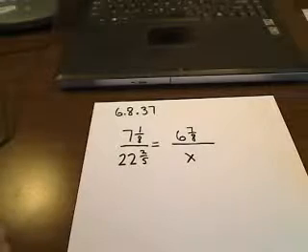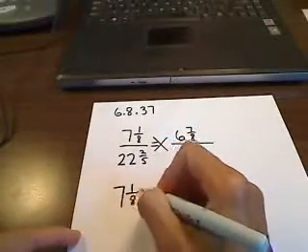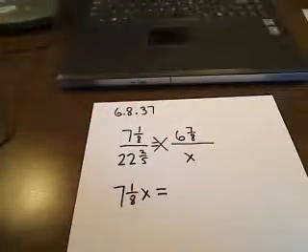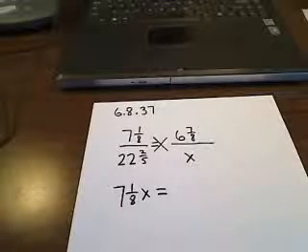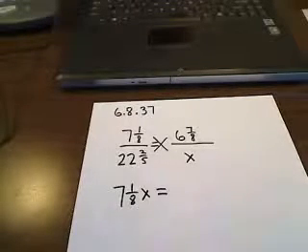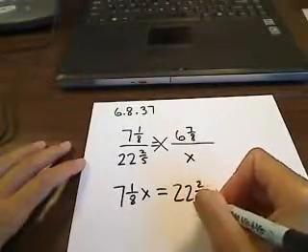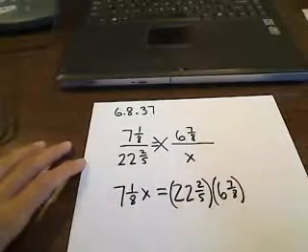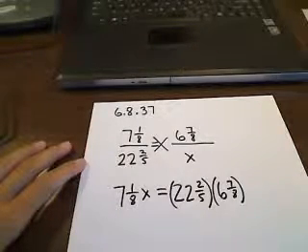So this question mark is our x. Basically we have one fraction equal to one fraction, so we can cross multiply. I'm going to take the 7 1/8 and multiply it by the x, and then take the 22 2/5 and multiply it by the 6 7/8. Because it's easier to work with, I'm going to convert all of these into improper fractions.